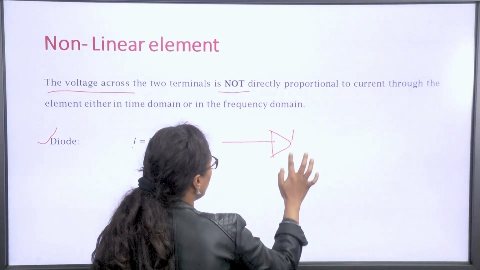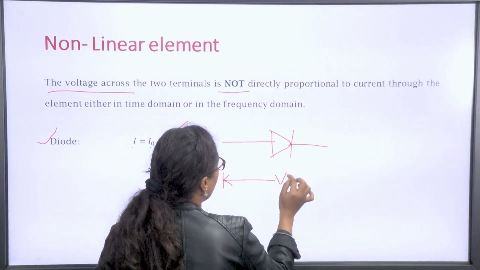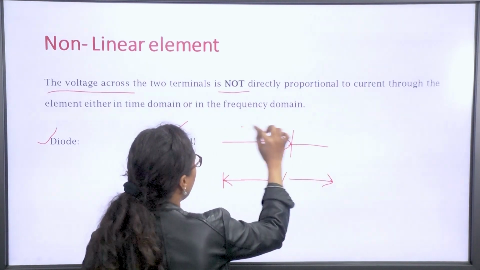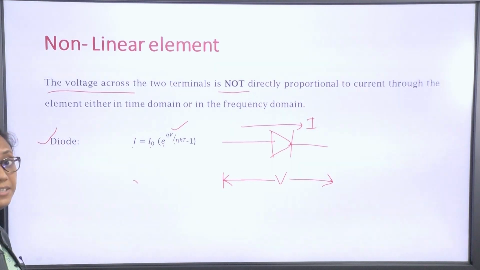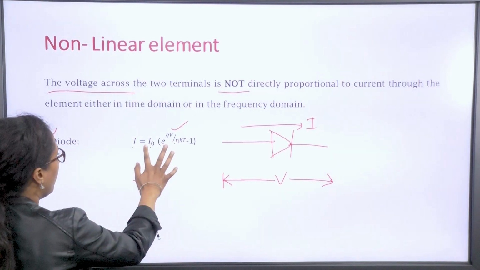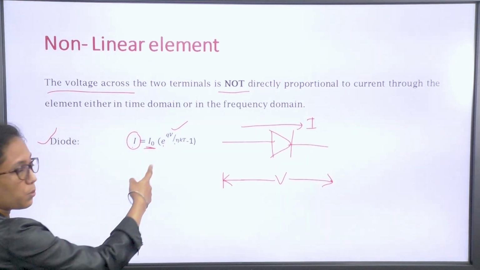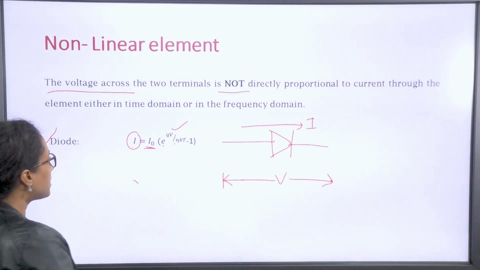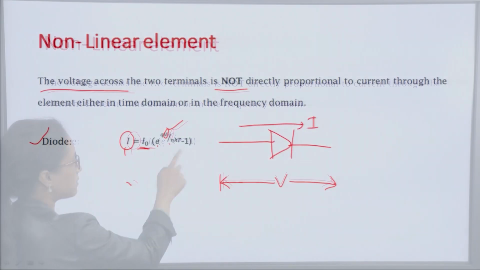If we make a diode, this is the voltage across this diode and the current flowing through it is I. This I0 is the saturation current. This equation is written in the time domain. As you can see, this current is not directly proportional to V; it is an exponential relation.